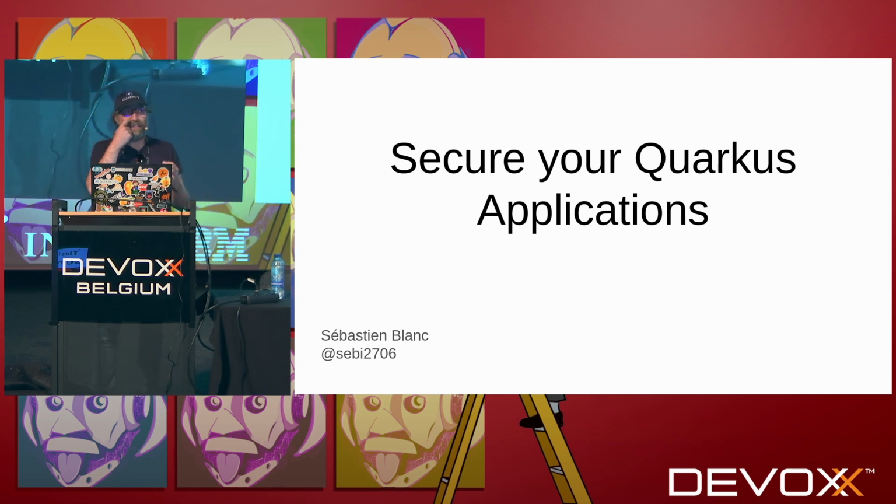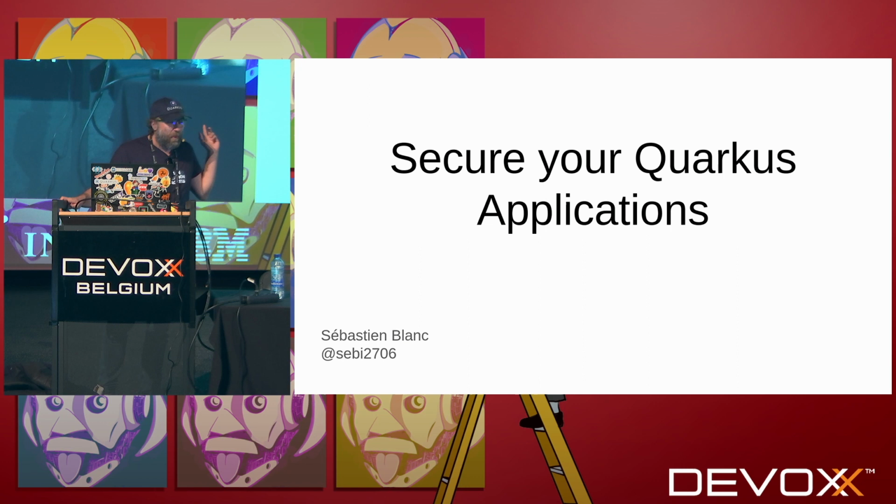But one thing hasn't changed with Quarkus: once you have built your Quarkus app, you will still have to secure it at one point. You will have to deal with users, authentication, authorization. And yeah, I know that's not the part that developers prefer.